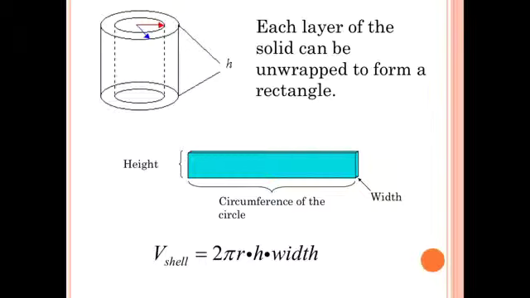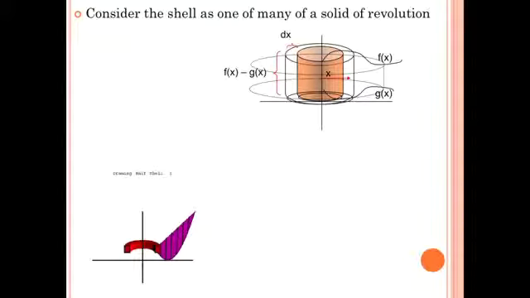Now, let's talk about this with actual functions. How does this relate to a rectangle that we rotate with a function? Here's this picture. If we take any arbitrary rectangle, the height of those shells would be top function minus bottom function.